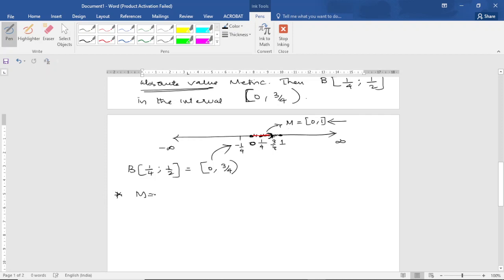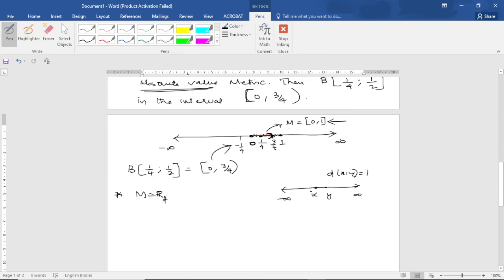Another example: suppose our metric space is the discrete metric space, on the entire real line, but for any two distinct points the distance is 1. If they are equal, then the distance is 0.